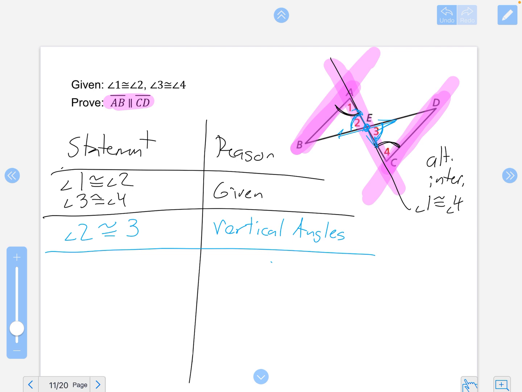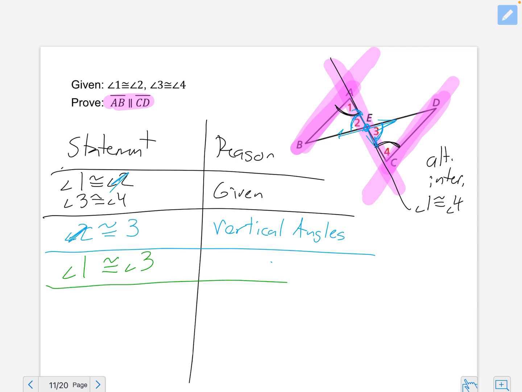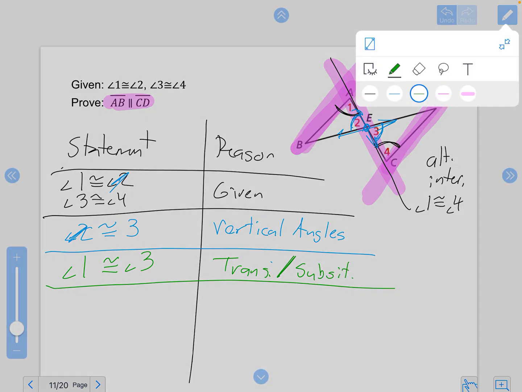So I need to substitute: 1 is congruent to 2, 2 is congruent to 3. So for 1, I can cut out 2. And if I cut out 2, then I can say that angle 1 is congruent to angle 3 because of our transitive property. You could have also used substitution. They both work in this situation.